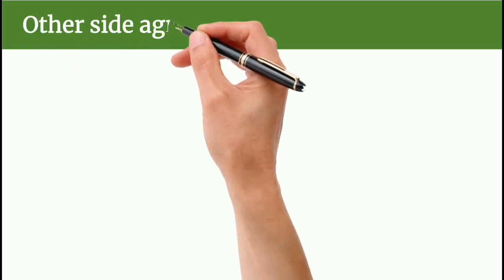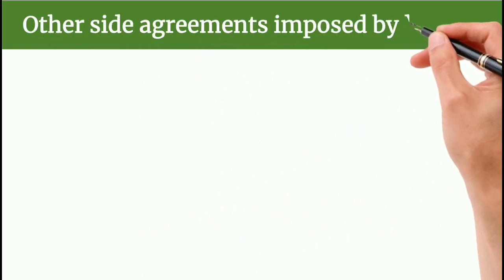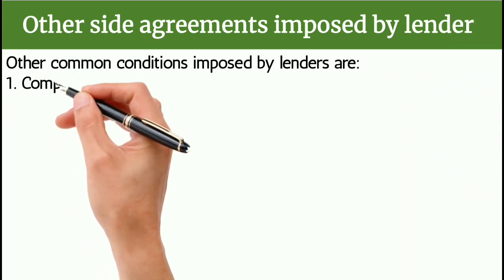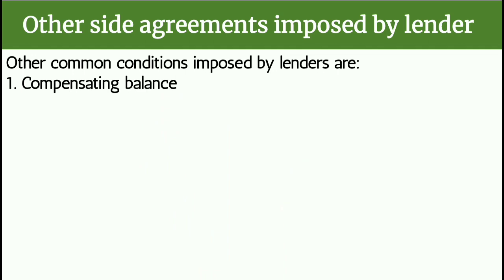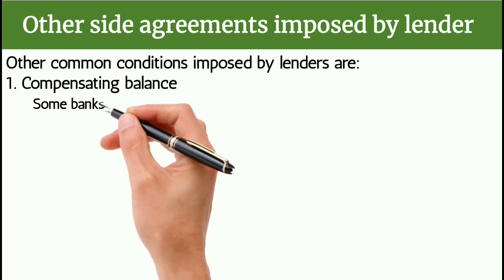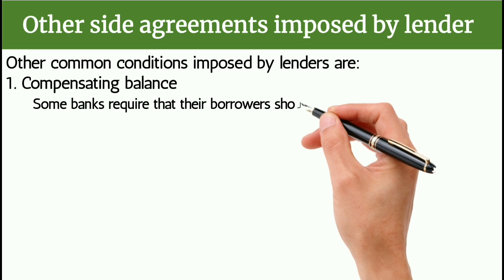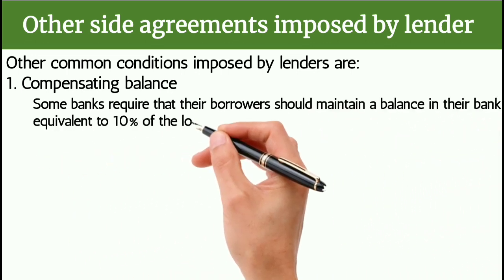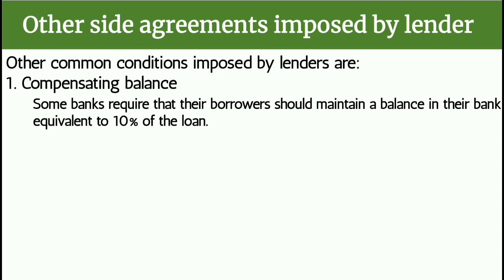Next, other side agreements imposed by lender. One condition imposed by lenders is compensating balance. Ano ba itong compensating balance? Ito ay maintaining balance. Some banks require that their borrowers should maintain a balance in their bank equivalent to 10% of the loan.